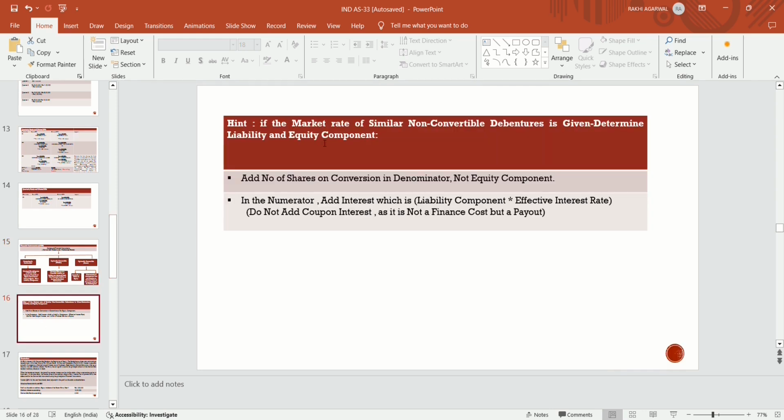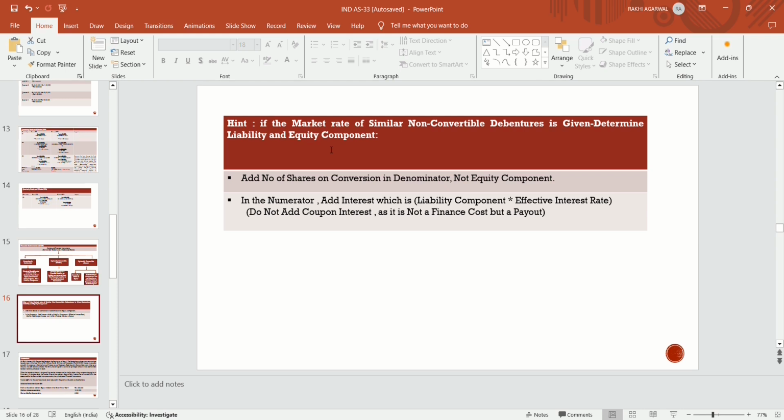Now we will discuss how it impacts EPS. If the market rate of similar non-convertible debentures is given in the question, then you have to determine the liability and equity component. Firstly, add the number of shares on conversion in the denominator. In the denominator, add the number of converted shares, not the equity component.